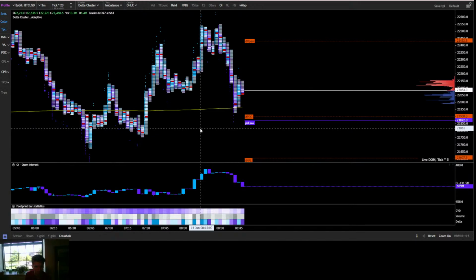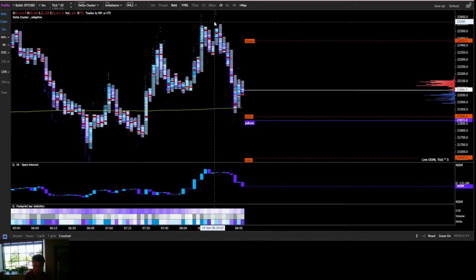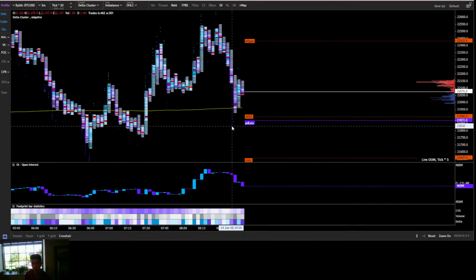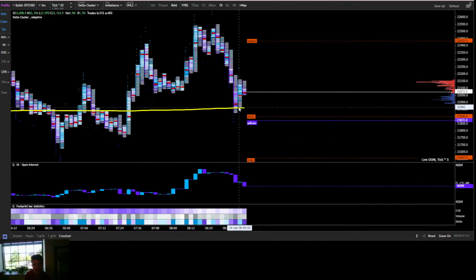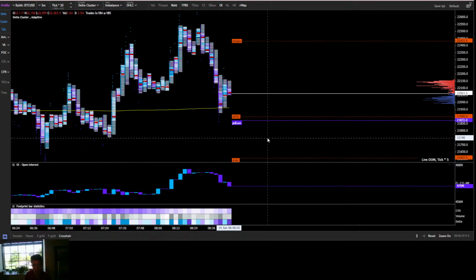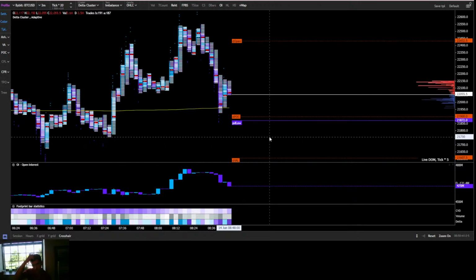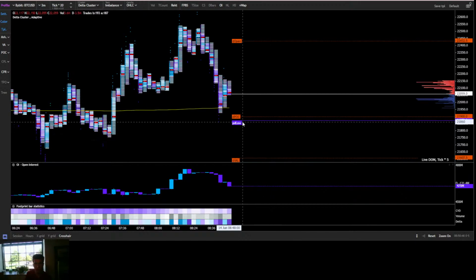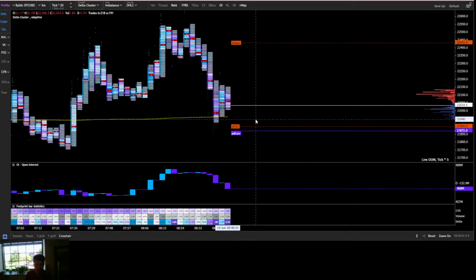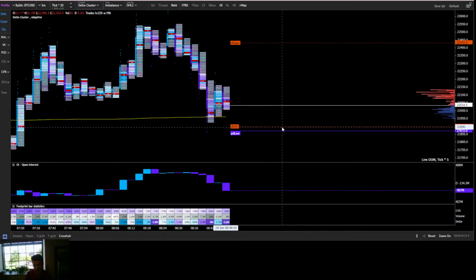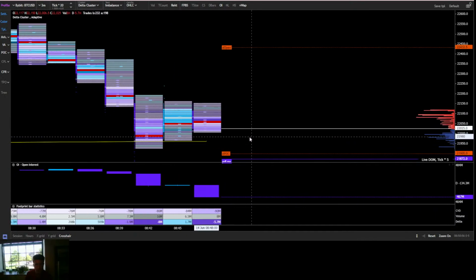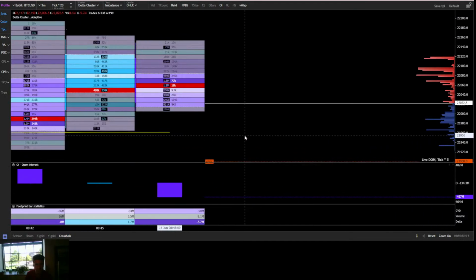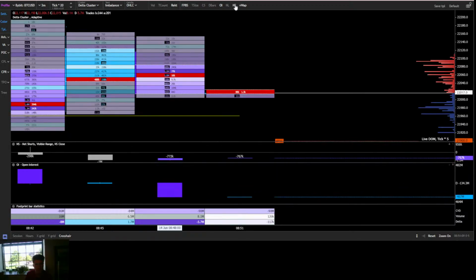I want to see more of a trend, but the local trend is a weak move down, so this is slightly bullish. We could lose this VWAP and then backtest this previous day low or daily point of control. They're in confluence right now as a support level, but again, seeing shorts coming in.